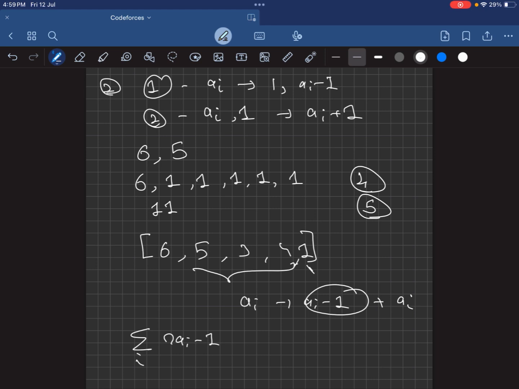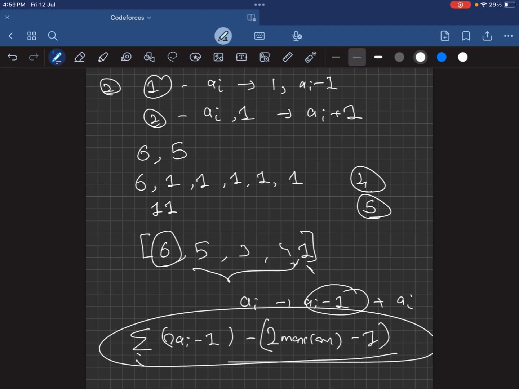Since it is optimal to not divide the maximum element, we'll subtract 2 times the max of the array minus 1. So this is our final answer.